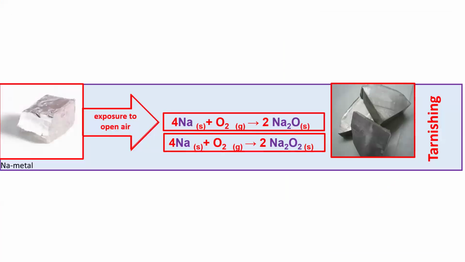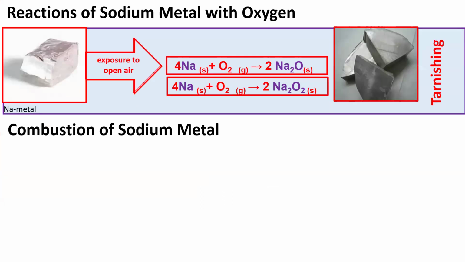So sodium metal, you have seen like it can show either oxidation or combustion depending upon the availability of oxygen. In combustion, oxygen can be more in quantity, like available in a bit more quantity. So you can say like other than simple oxide, something different with more oxygen can be produced, as you have seen Na2O2.